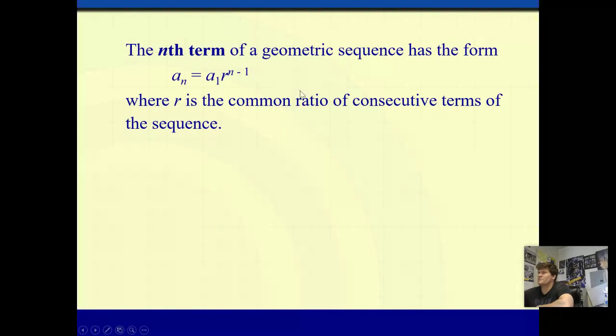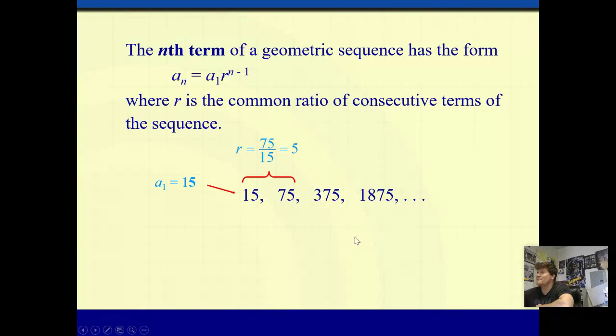The nth term of a geometric sequence we can find using that explicit formula, a_n equals a_1 times r to the n minus 1 power. This is the stuff we just did earlier this week, looking at our explicit geometric sequences. So here's an example: 15, 75, 375, 1875.